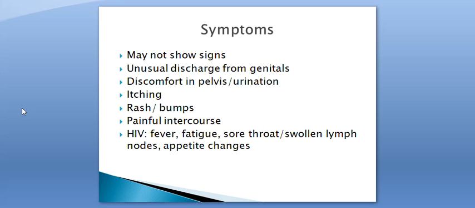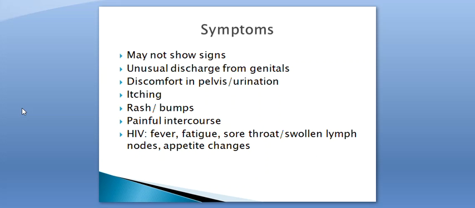However, symptoms that you can definitely visually see are going to be unusual discharge from female and male genitals, discomfort in the pelvis, which could be just tenderness, pain, and maybe even burning urination, definitely itching, rash and bumps around the genital areas, and painful intercourse.